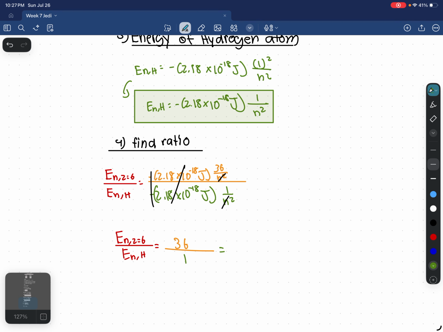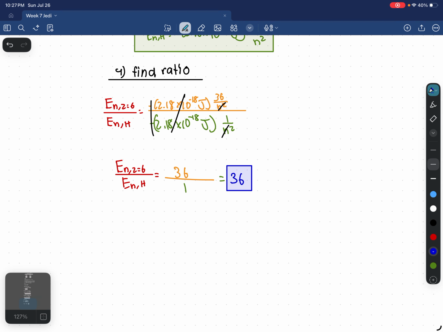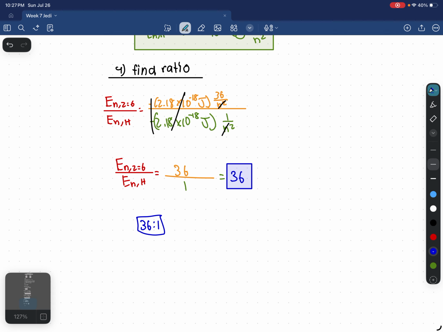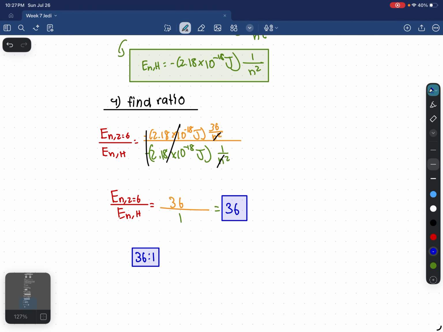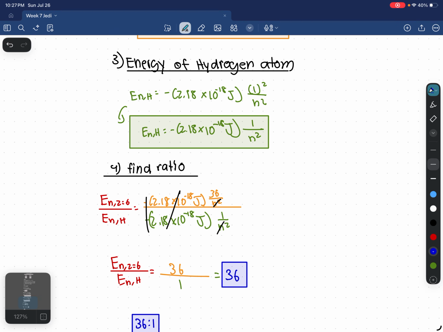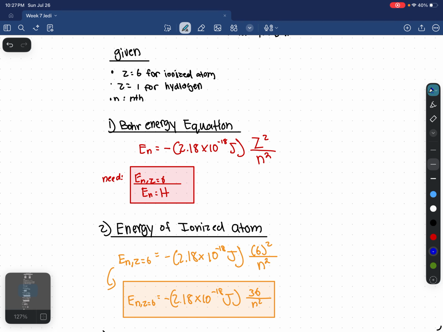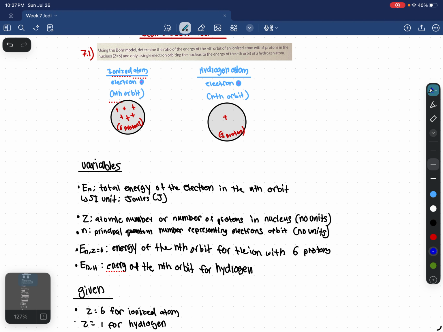And what is that equal to? 36, right? So basically it's 36 to 1, right? So it could also be just 36 to 1, just like that. Either or. The energy of the 9th orbit of the ion with 6 protons is 36 times the energy of the same orbit in hydrogen. So more precisely, its energy is 36 times more negative, meaning that the electron is bound 36 times more strongly to the nucleus, right?